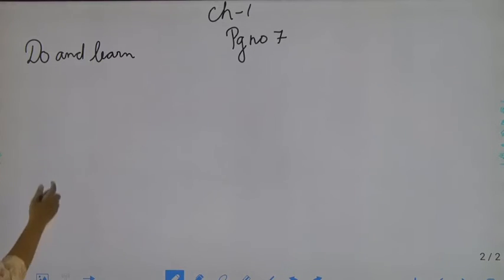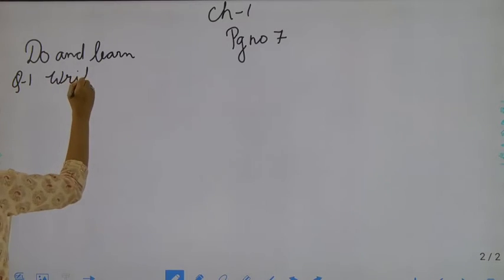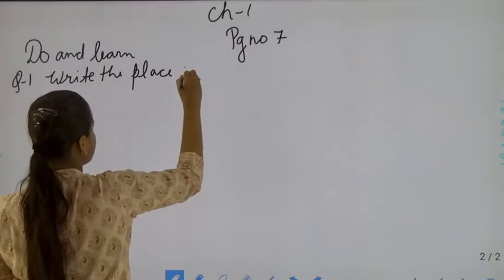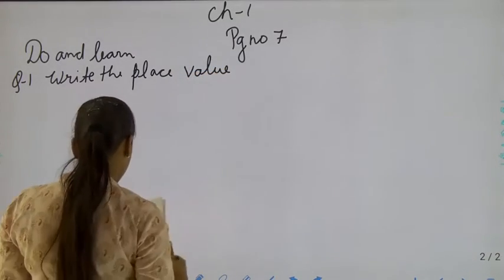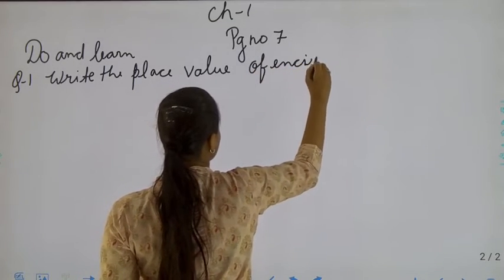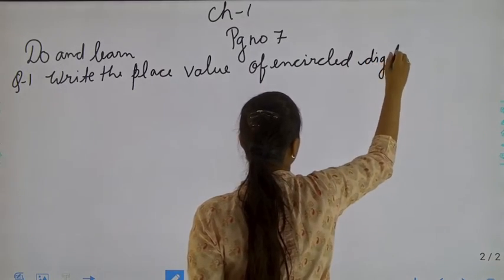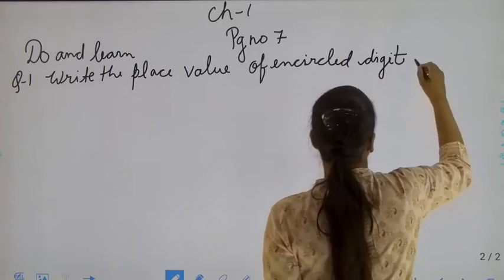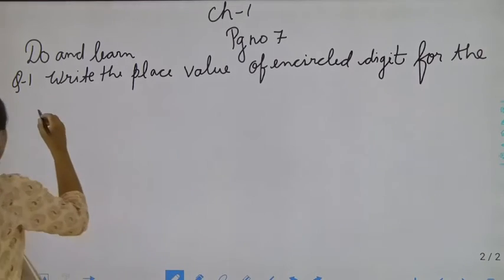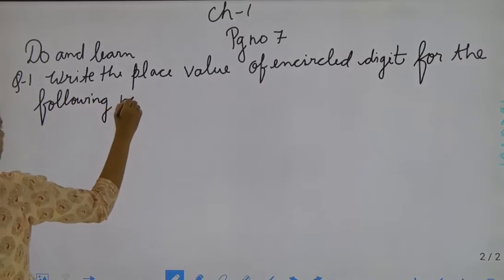Okay, our first question is, write the place value of the encircled digit for the following numbers.